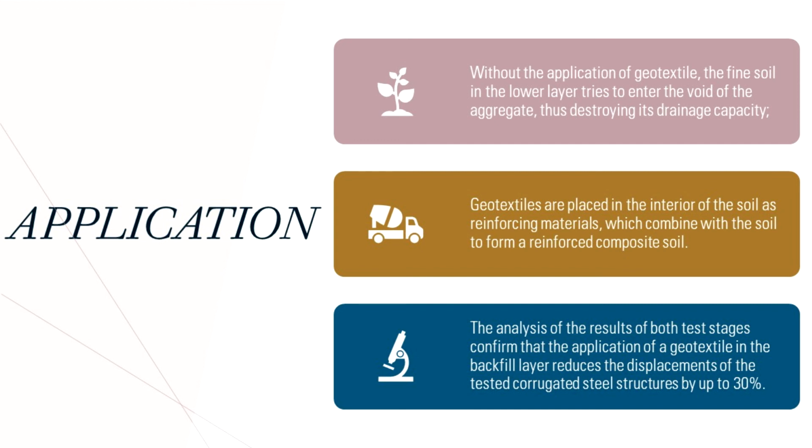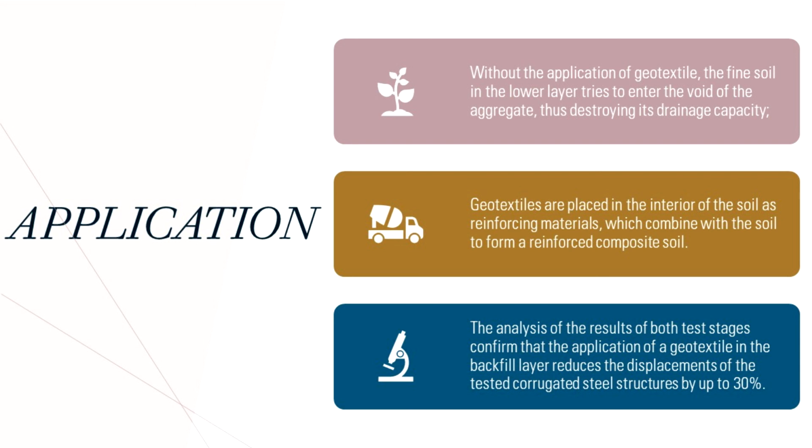The analysis of the results of both test stages confirms that the application of the geotextile in the backfill layer reduces the displacement of the tested corrugated steel structure by up to 30%.